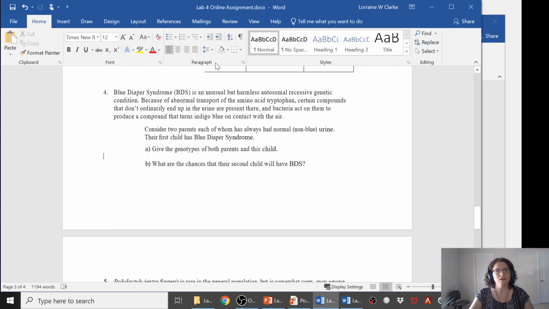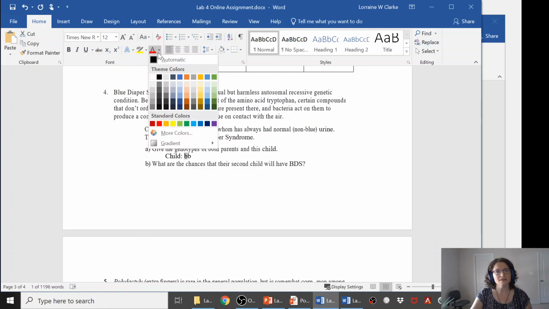So let's say the child, little b, little b. We know this because they have the recessive symptom. If they express it, they have two copies for autosomal recessive. Okay? But that means that each parent had to give a recessive gene to them. Because one of these comes from the mom and one comes from the dad, okay?